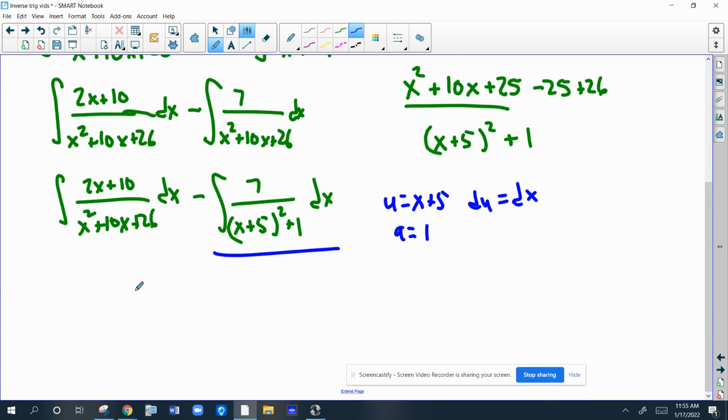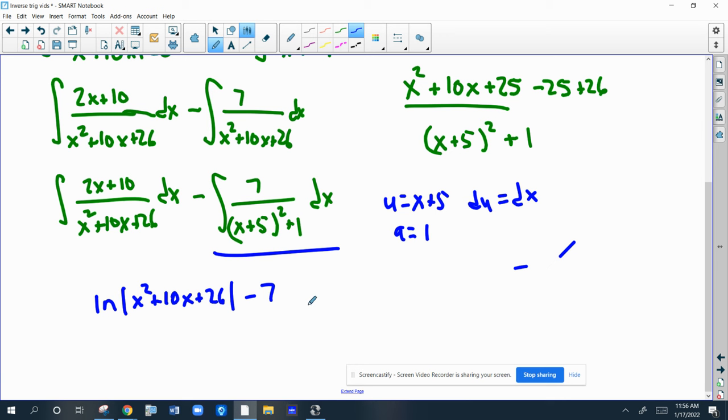First one's the natural log of the bottom. It was u prime over u. I made sure it was. Second one, the constant is a 7. It's a straight arctan, as we can see with all these substitutions.